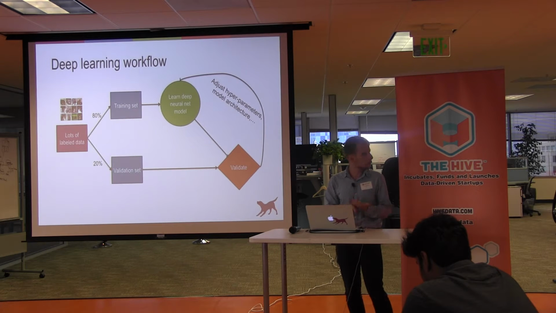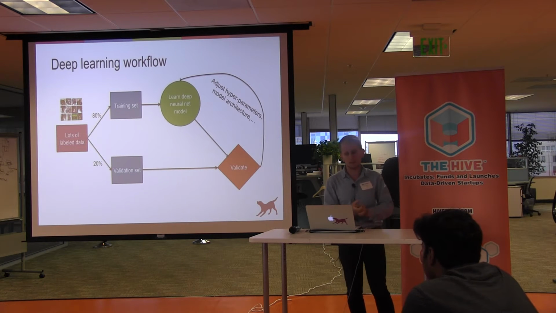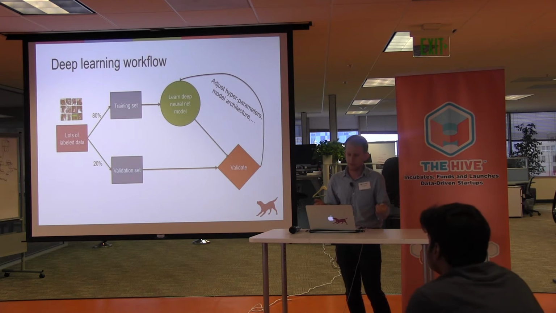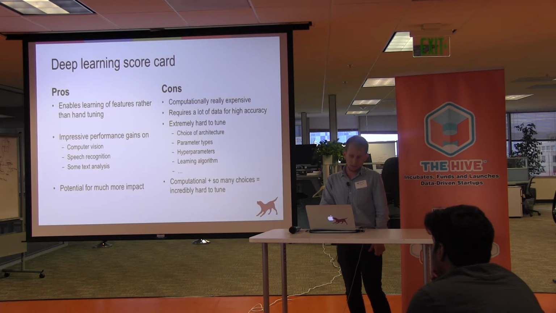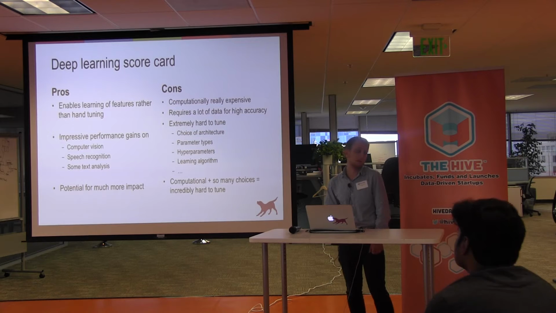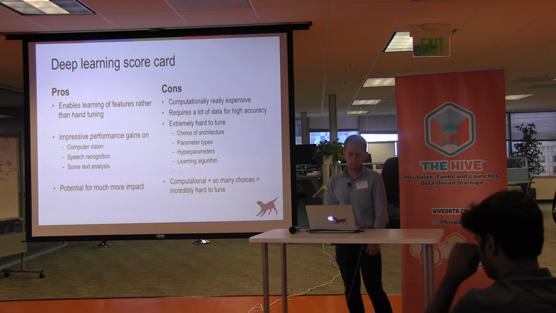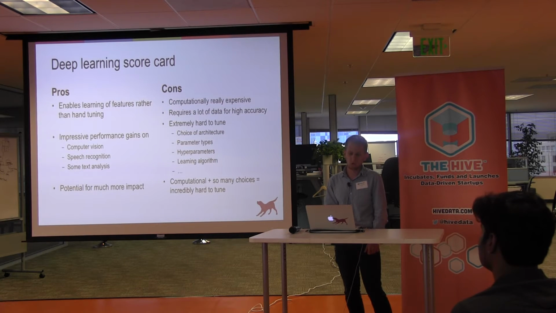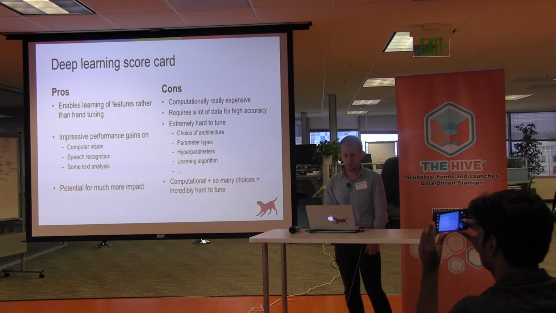You have to get just the right hyperparameters. So I mentioned before that the model is trained with stochastic gradient descent. You have to get the right learning rate. You have to get the right weight decay. It's basically an infinite number of combinations, and each training of a large model on a large data set takes a lot of time. So it's extremely hard to tune.